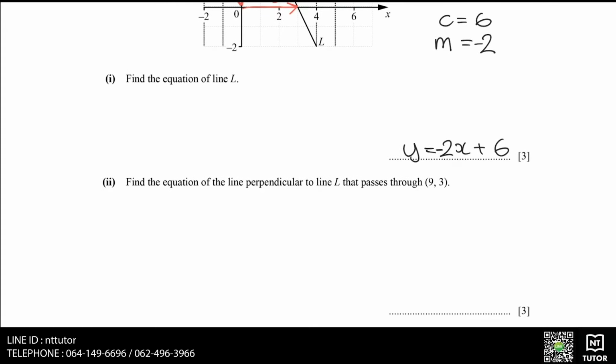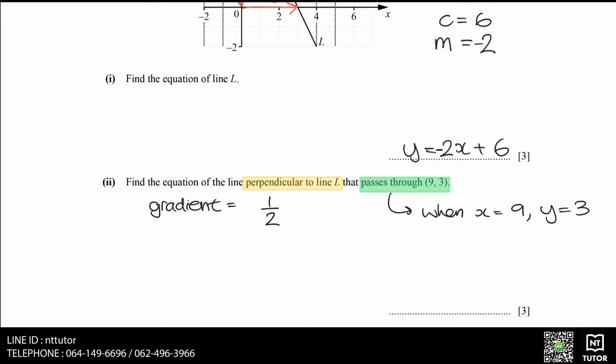Find the equation of the line perpendicular to line L that passes through 9, 3. If the line is perpendicular to line L, then the gradient must be the negative reciprocal of the gradient of line L, which is 1 over 2. And if the line passes through the point 9, 3, this means that when x equals 9, y equals 3.